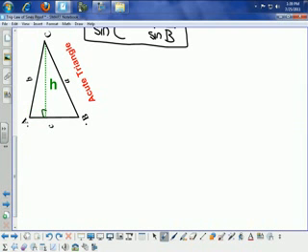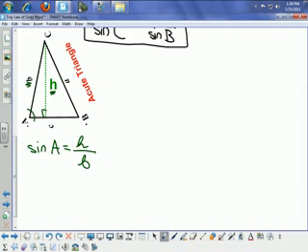So if we take sine of angle A, it will again equal opposite, the height, over the hypotenuse, side b. Do the same thing on the other side. Angle B, so sine of angle B equals opposite, which is the height again, over the hypotenuse, which in this case is side a.